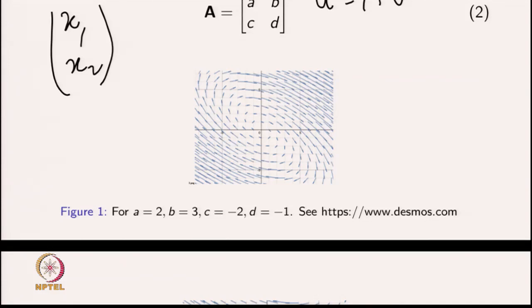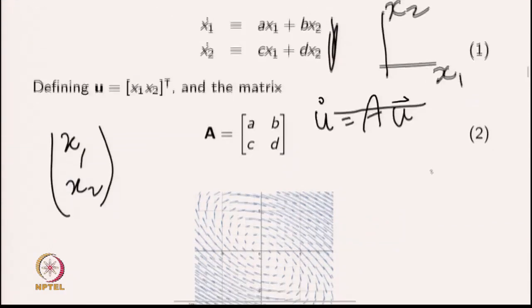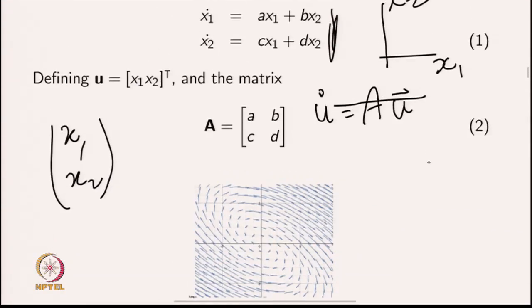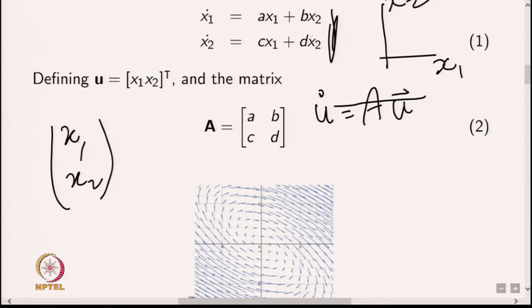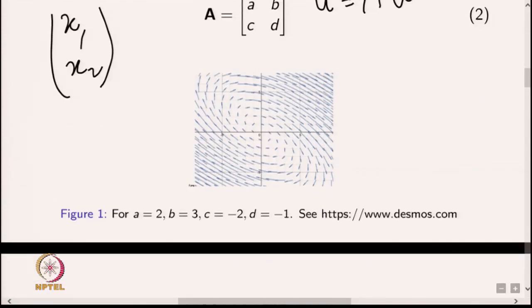We have the following vector field, namely what we do is to go back to these equations, and at any point x1, x2 you draw the vector in the x1 direction as that, and the vector in the x2 direction as that, and the resulting vector is pointing as it is.